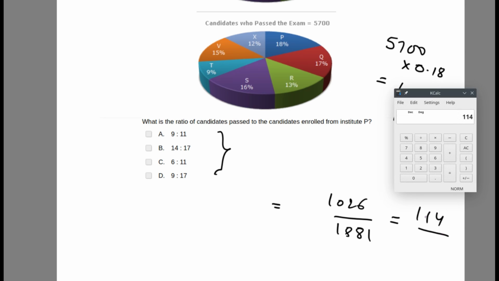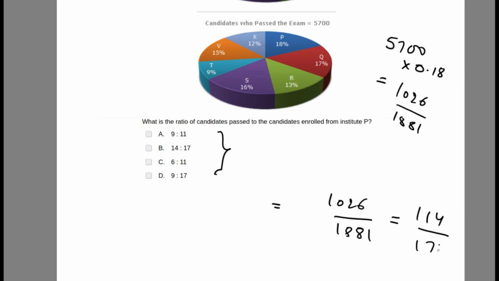Now divide 1881 by 11. We got 171. So this is not the option, because if we divide by the ratio numbers, the result should be the same for both, and this is not the same, so this is not the answer.